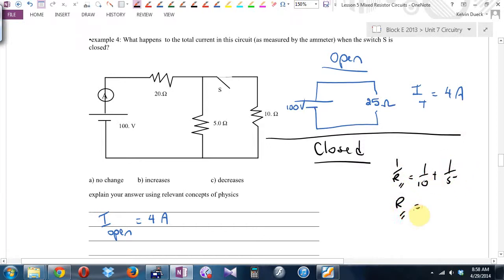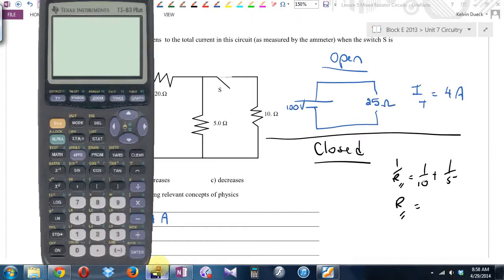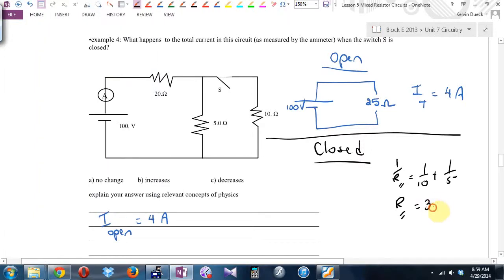What's the parallel equivalent of that 5 and that 10 if you replaced it with a single resistor? I don't think this one's going to work out even. Yeah, 3.333333. I'll go 3.333 ohms.